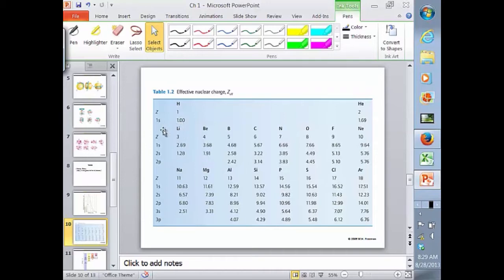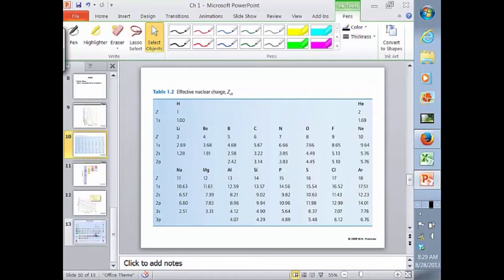So the hydrogen 1s electron, again, there's only one, so it feels a full positive charge. In the helium atom, the second electron feels only a 1.69 charge. So it doesn't feel a full 2+. It doesn't feel just a 1, because that first electron cancels out the positive charge.